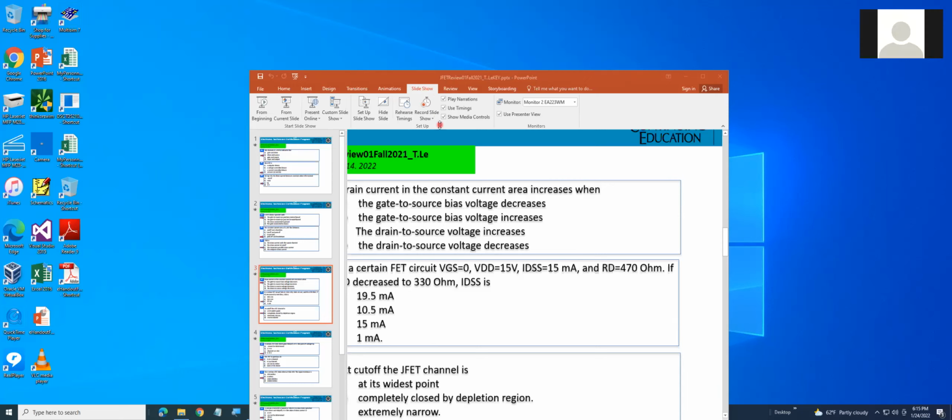So, the number 8, the FET is in the saturation area, right?